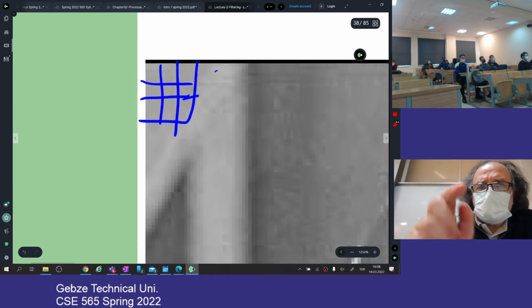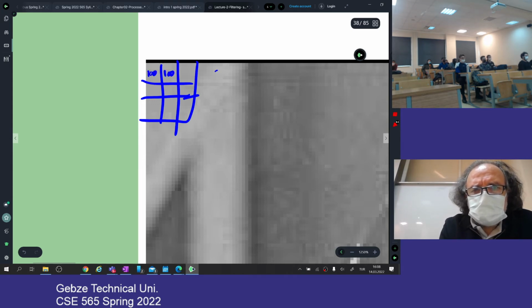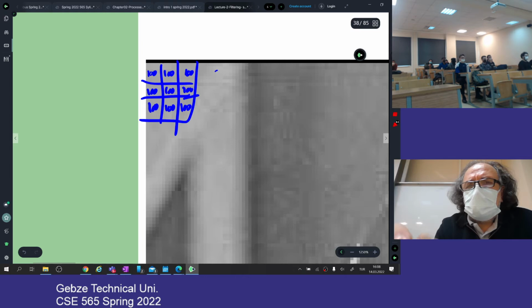I don't know what kind of values are there, but let's say these are 100, 100, 100, 100, 100. You get the idea. This is a constant section of the image.